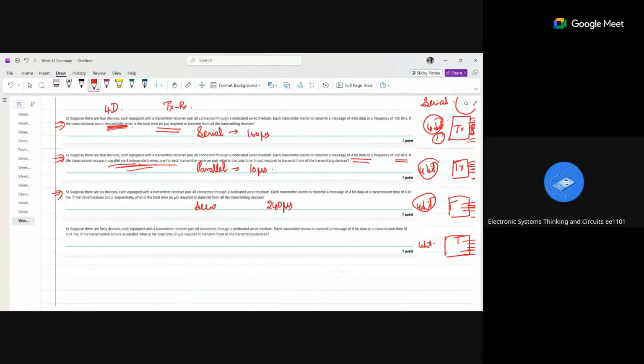Yes. And this is a serial communication. What is the answer for the 6th one?